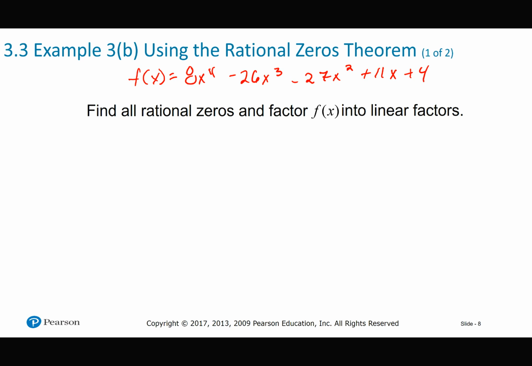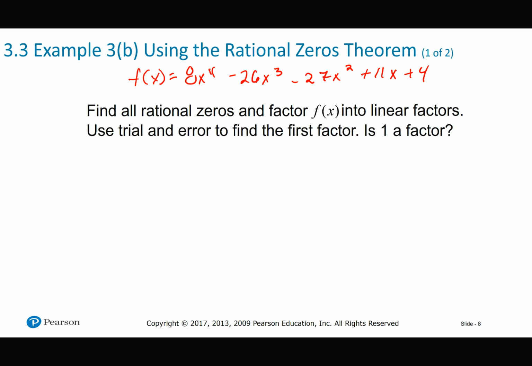We're trying to break that polynomial into all of the factors of it. From here, it's trial and error. You just have to start testing your possible roots.